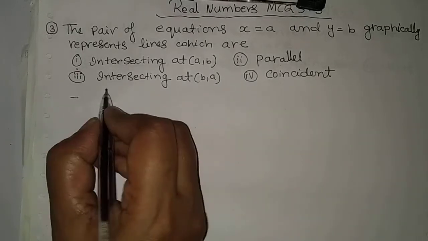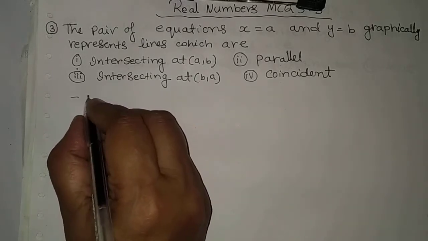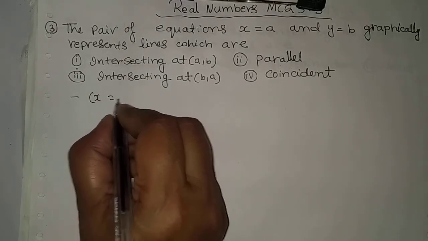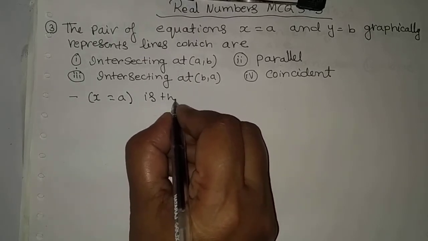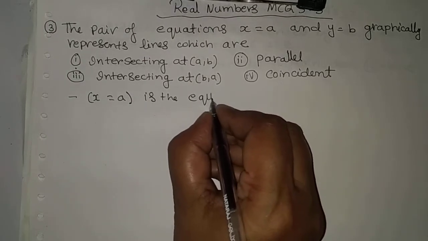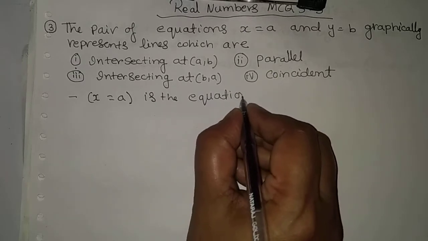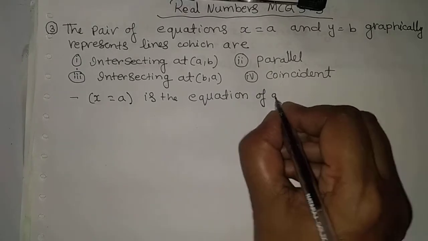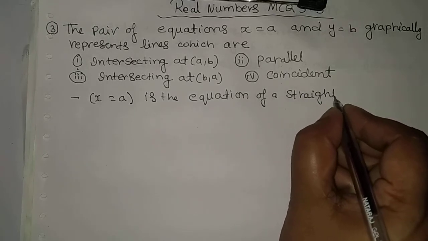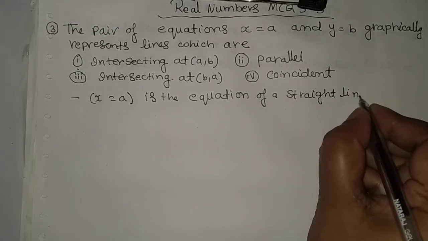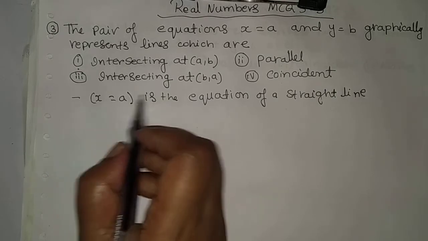So we have a few points here. We have to just take this. X is equal to a is the equation of a straight line. So this is the first point.